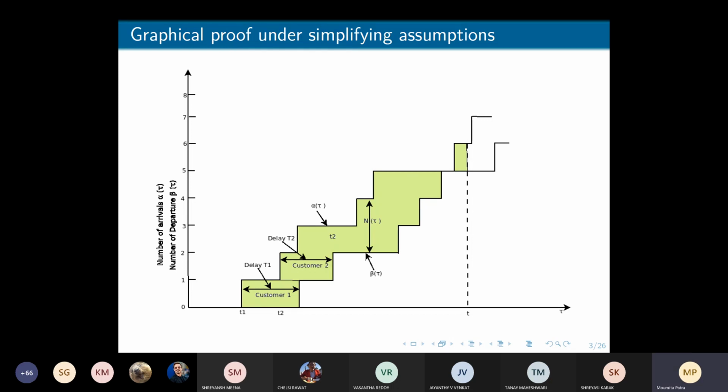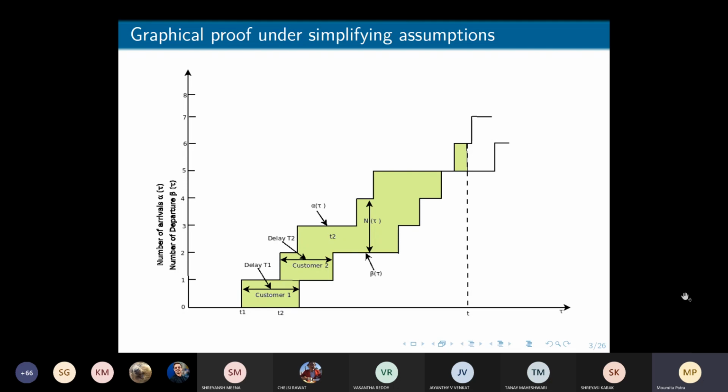Now let's get to the graphical proof. What are we talking about here? We are looking at the system. This is the time for which we are looking at the system, representing the time axis here. The number of arrivals is denoted by alpha, and the number of departures is represented as beta tau.